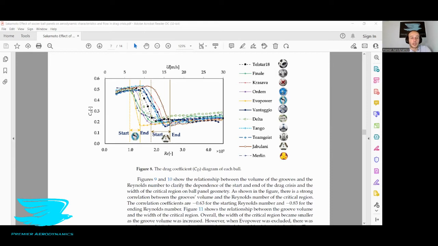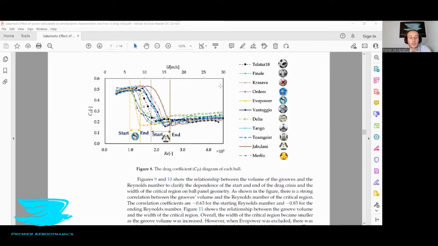So the Jabulani, as I mentioned again, was bad not only because you had this very large critical region area, but it also started from a very high velocity, like 16 or 17 meters per second, which means that pretty much any kick that you will see on the soccer field is going to have to go through this critical region here, which means that any kick you see, any ball, is going to have this unpredictable nature to it. Whereas with the Evo Power, for example, a lot of kicks you won't even see the critical region, so it's going to act much more predictably.